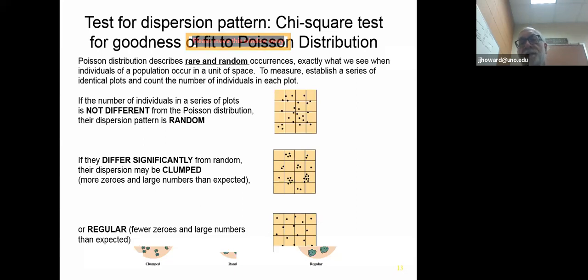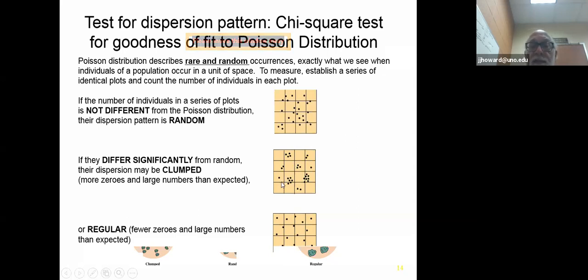And here's an example that illustrates kind of the random, aggregated, and regular dispersion patterns. So here's the random at the top. Okay, and if the number of individuals in a series of plots is not different from what you expect in a random distribution, Poisson distribution, then it's random. If it differs significantly from the Poisson distribution by a chi-square test, then it could be clumped.